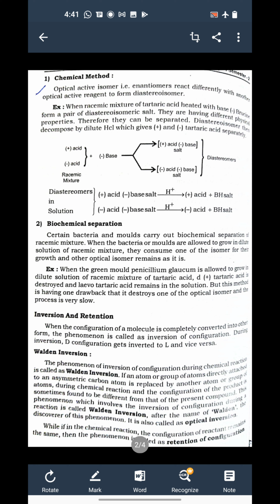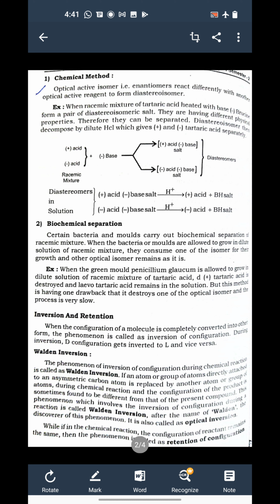Such an asymmetric carbon containing compound, when it undergoes some chemical reaction, and the atom present on the asymmetric carbon gets replaced by another group or group of atoms, then two things may happen.